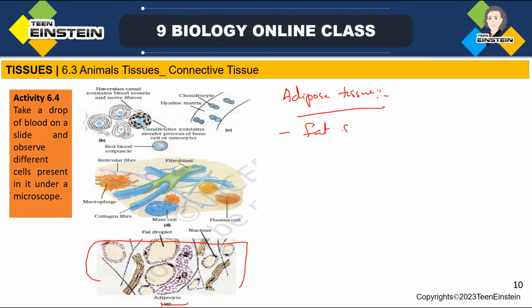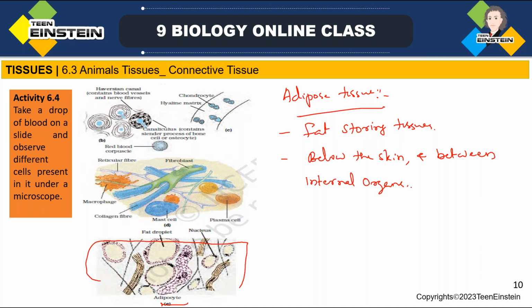Adipose tissues are fat storing tissues. Where can you see this fat storing tissue? It is found below the skin and between internal organs.